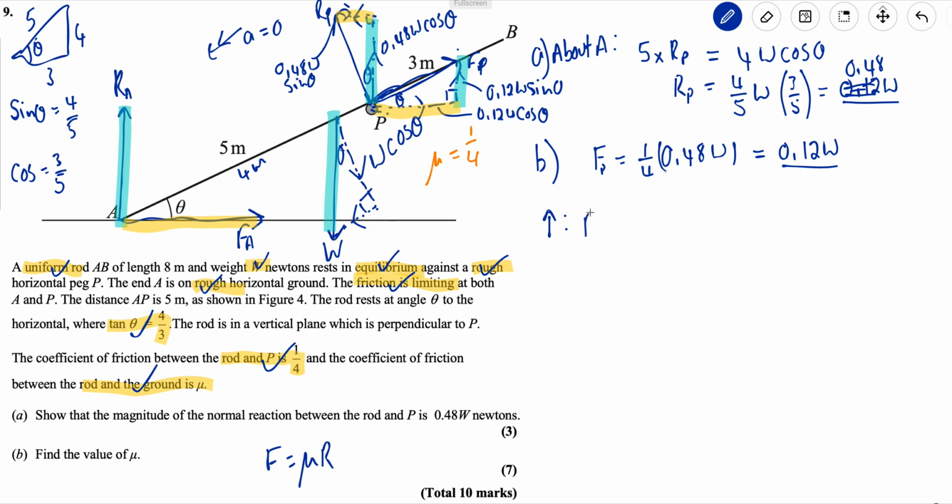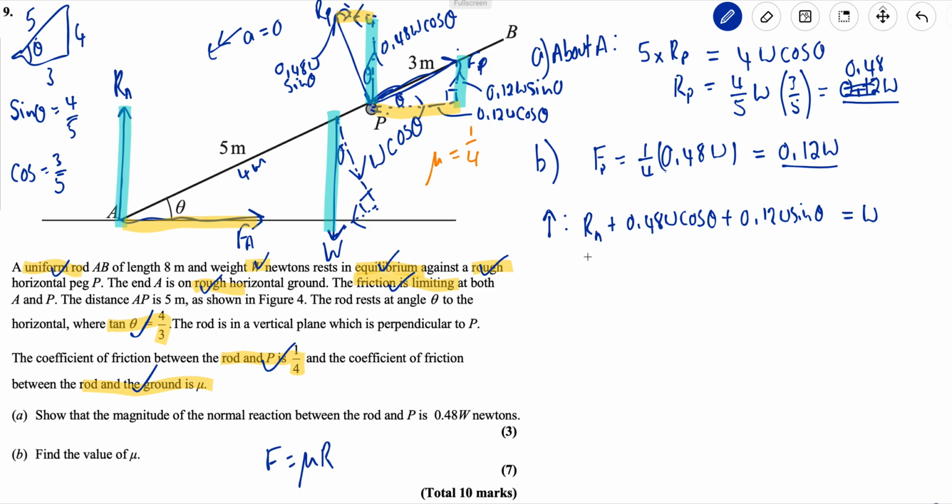So RA plus 0.48 W cos theta plus 0.12 W sine theta balances out with, is equal to, W.